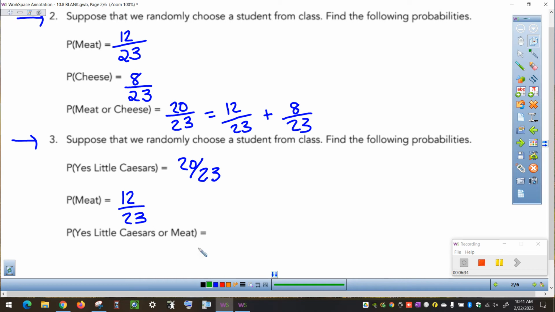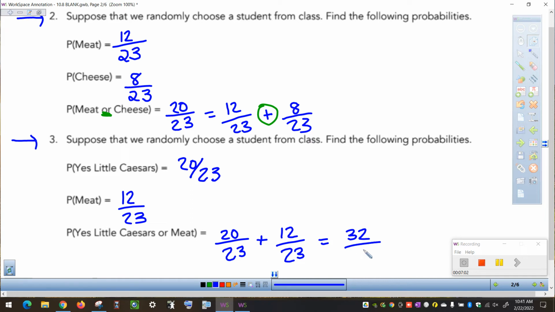Well, let's take a look at what we did up here in part 2. When we wanted to find the probability that the student preferred meat or cheese, we simply add those 2 separate probabilities together. Well, what's going to happen here when we try to add together the people that prefer Little Caesars, so that was 20 out of 23, and we add that to the people who preferred meat, which was 12 out of 23.